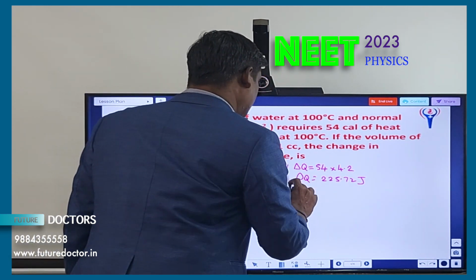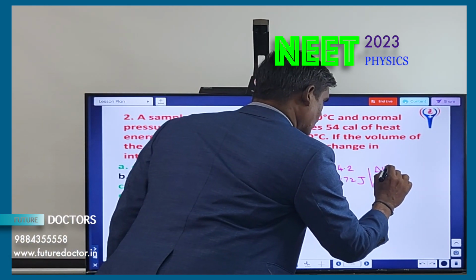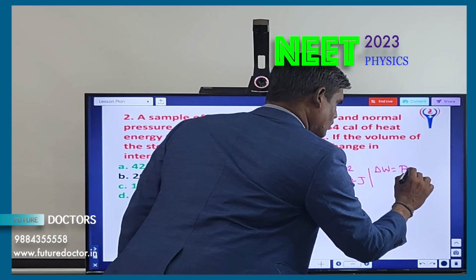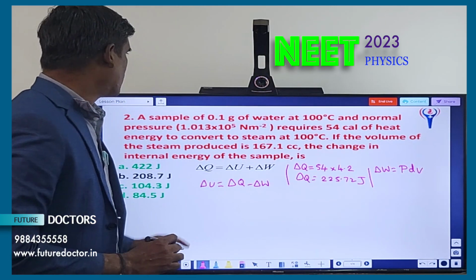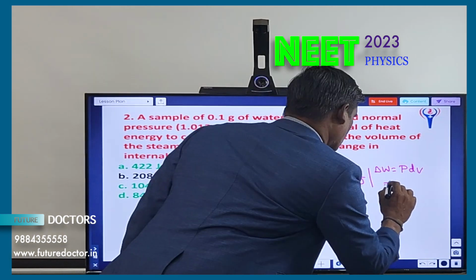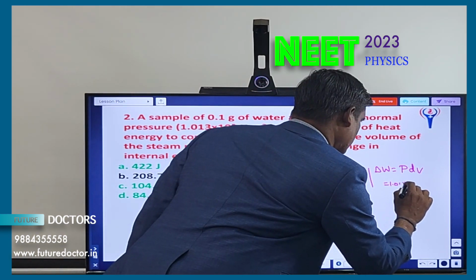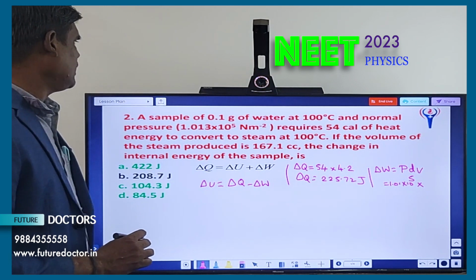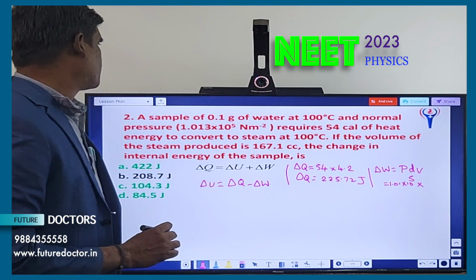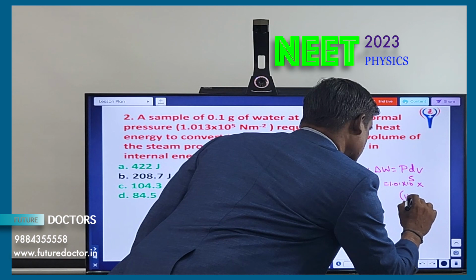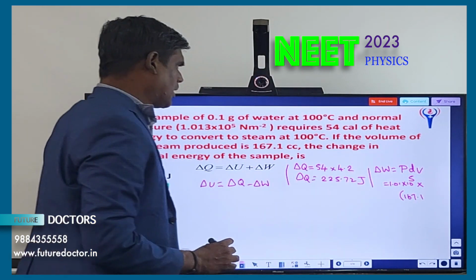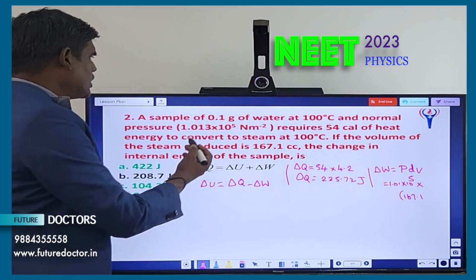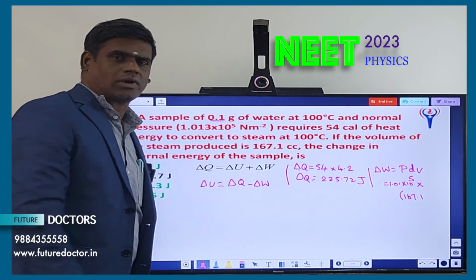And similarly ΔW, same formula as previous. P into ΔV. P is given 1.013 into 10^5 into V. What is the value of V? V is 167.1 cc minus the initial volume. The volume is not given, only 0.1 gram is given.